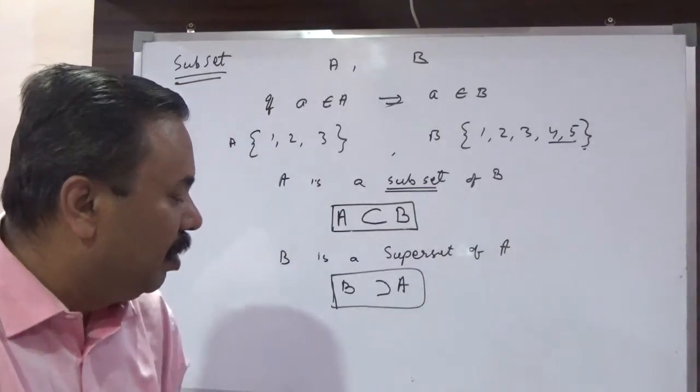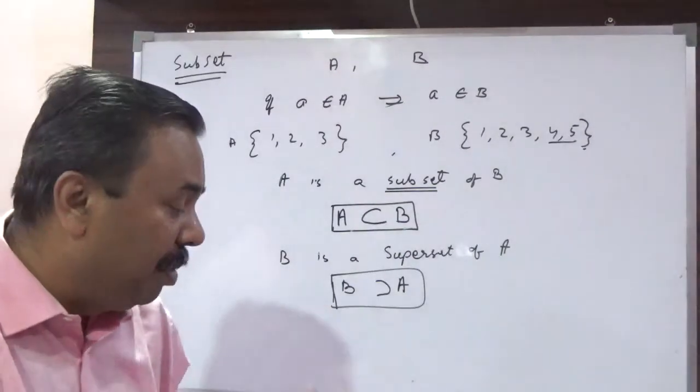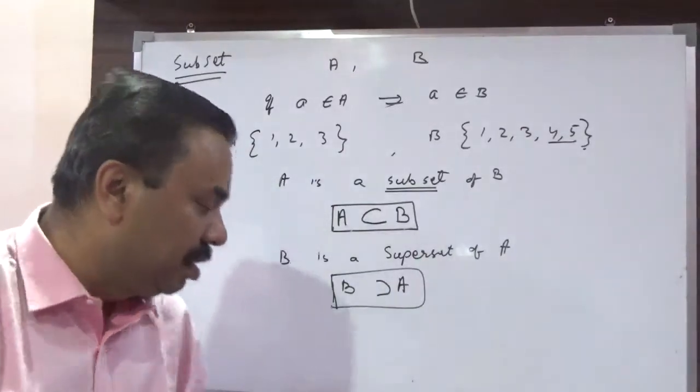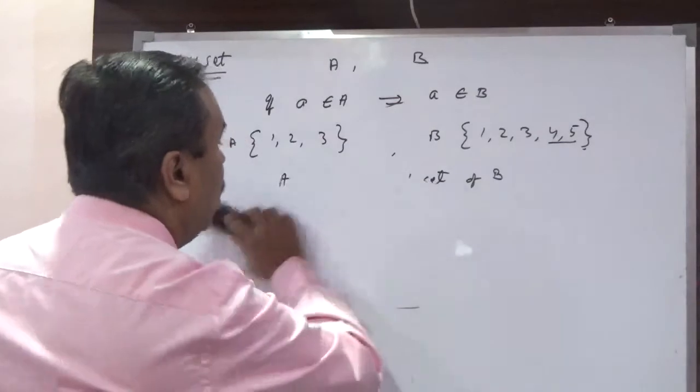Now, there are intervals. Now what is an interval? Before moving to intervals, I will give one or two more things: what is a universal set and what is a power set.